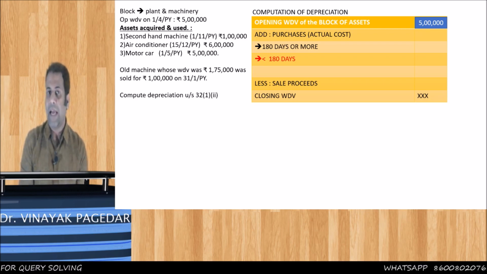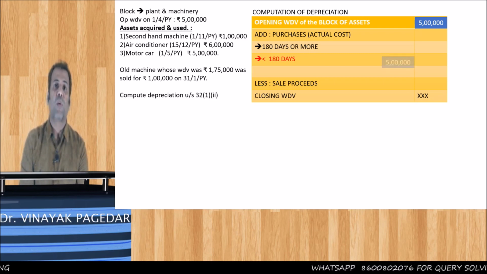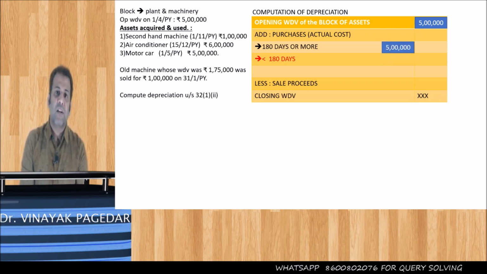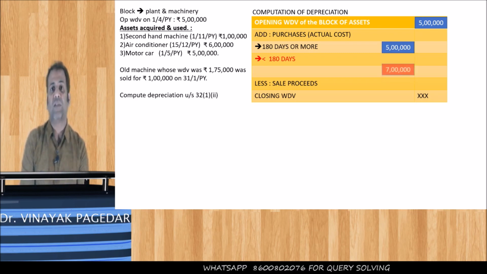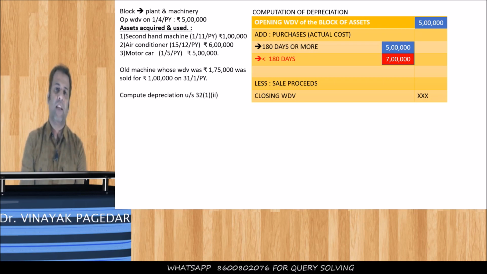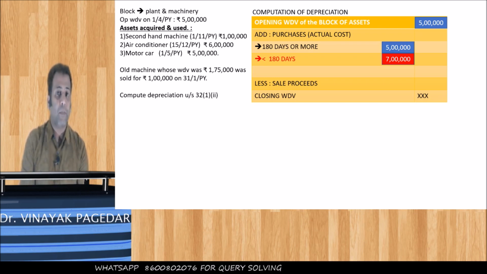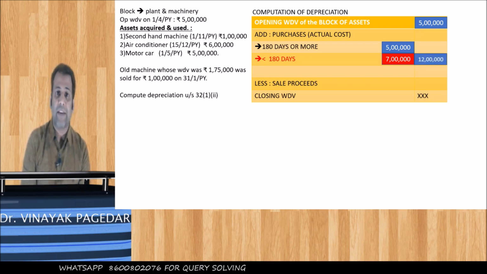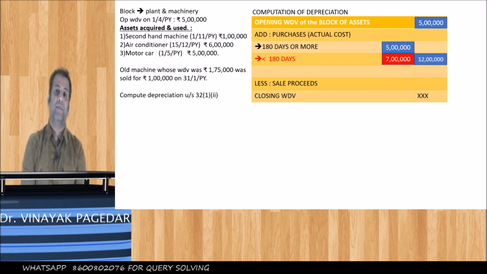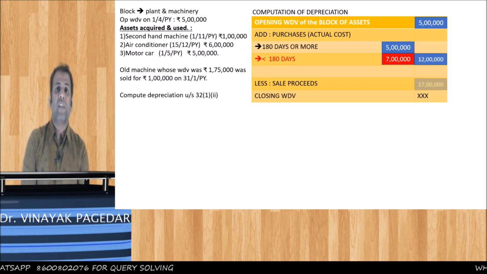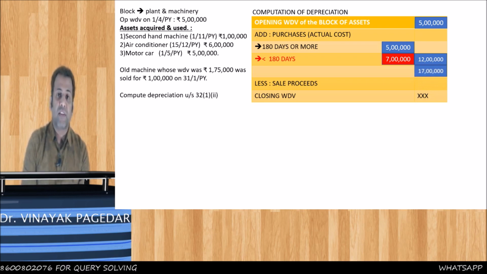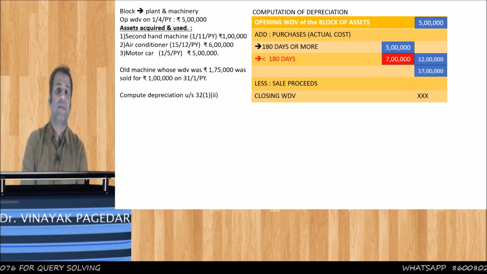The motor car, as we discussed, was 180 days or more. So you got 5 lakhs of assets of 180 days or more and you got 7 lakhs of assets of less than 180 days. Total acquisition and put to use comes to 5 plus 7, which is 12 lakhs. The cost of acquisition of your block is 5 plus 12, which is 17 lakhs.